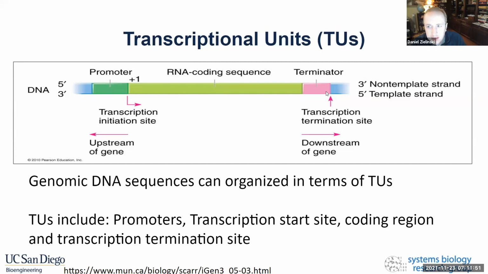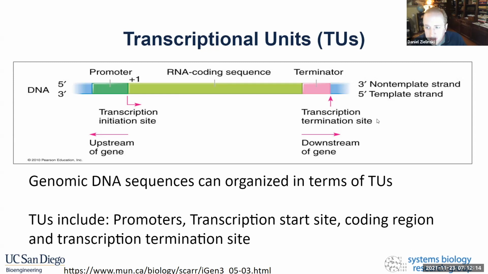And it's really a nice organizing principle beyond just where are the genes, because as we'll see, there are transcription units that can contain multiple genes in bacteria. There are alternative transcription start sites that can have different contexts that is still being determined.